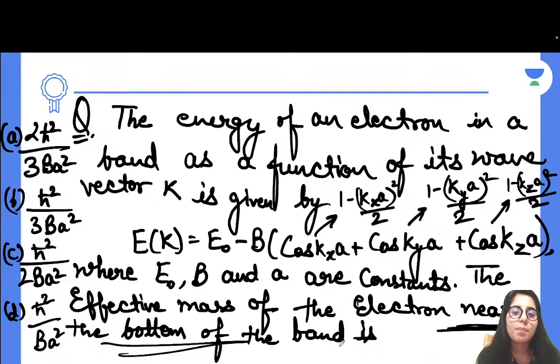So it will give us 3 minus kx squared plus ky squared plus kz squared, multiplied with a squared over 2. So in that case, it will give you k squared a squared over 2. So 3 minus this. Now in this situation, you are simply going to consider the second order derivative, d2E over dk squared. The first order derivative will give you 2 times k and the second order derivative will give you just 2, and this will become 0 because that's a constant.